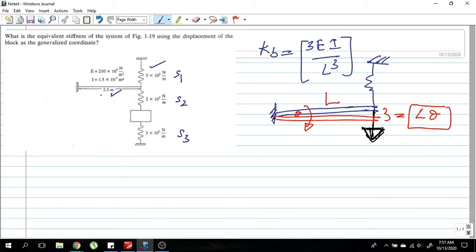Now, since the free end of this beam is attached to this upper spring, the upper spring would also elongate by the same amount. So the displacement of the upper spring would also be L theta. Since the deflection of the beam is equal to the deflection of the upper spring, we can consider these two as a parallel arrangement.